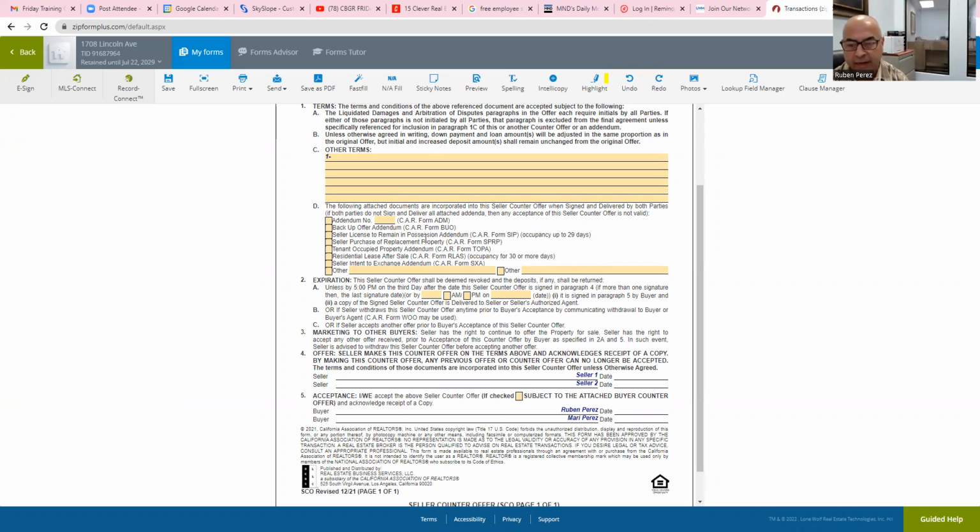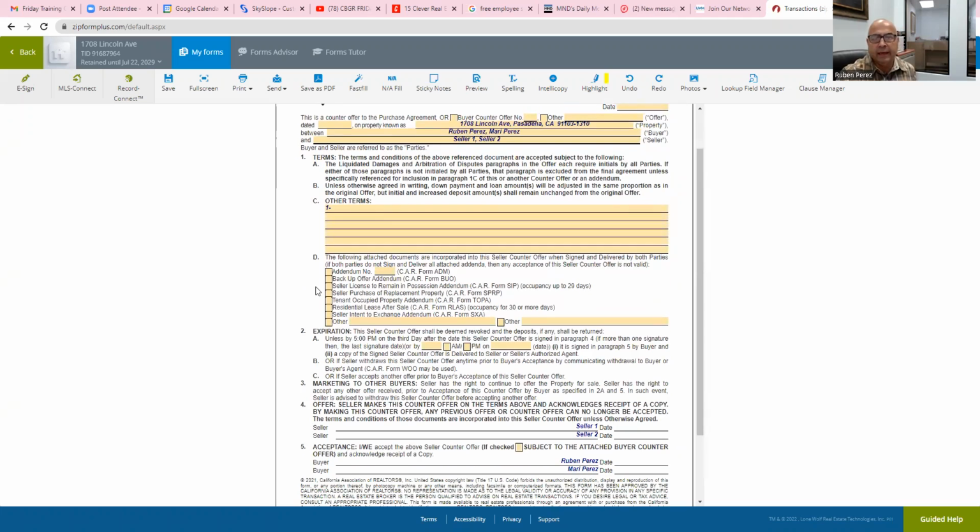That is indicating that the seller is going to stay in the premises for 29 days or sooner after the close of escrow. If it is going to exceed 29 days, you're going to need to do a residential lease after sale, which is 30 days or more. So these are little check boxes that the seller will indicate that's attached to the counter offer.